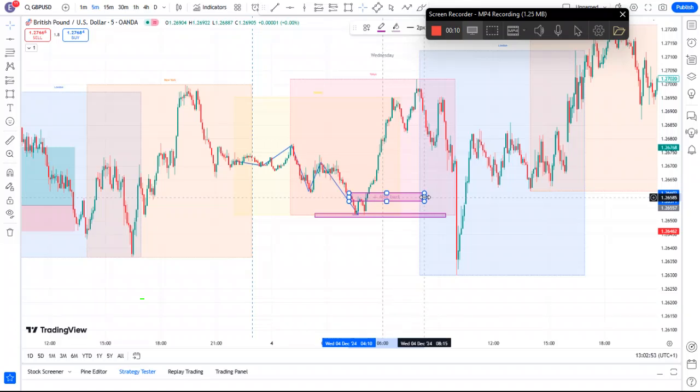But our rule is we don't take trades on the Asian session. We wait for the London session to open. Now, from this level, the market started printing higher highs, higher lows.